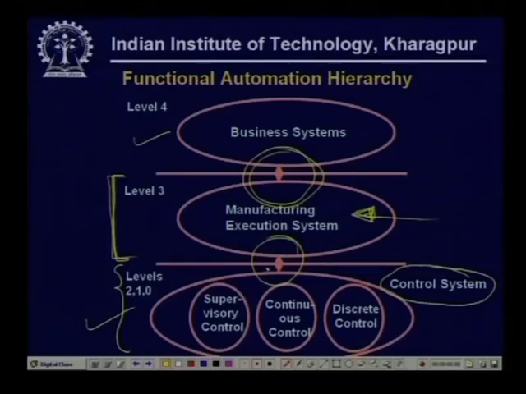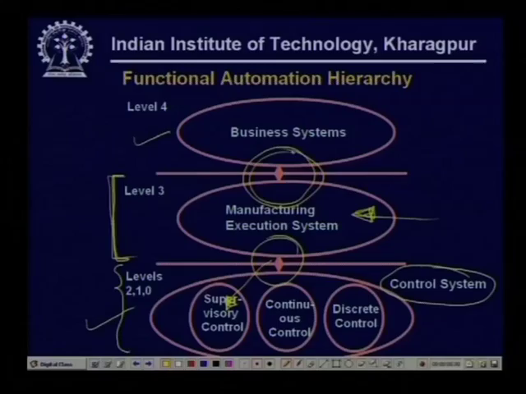Once these are handed down to the supervisory control system, the supervisory control system can act according to that schedule and execute the steps that are required to do the physical manufacturing, right.